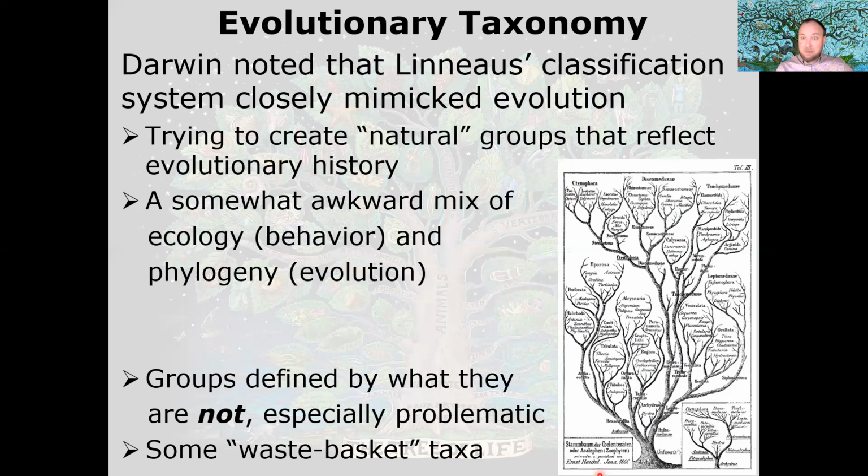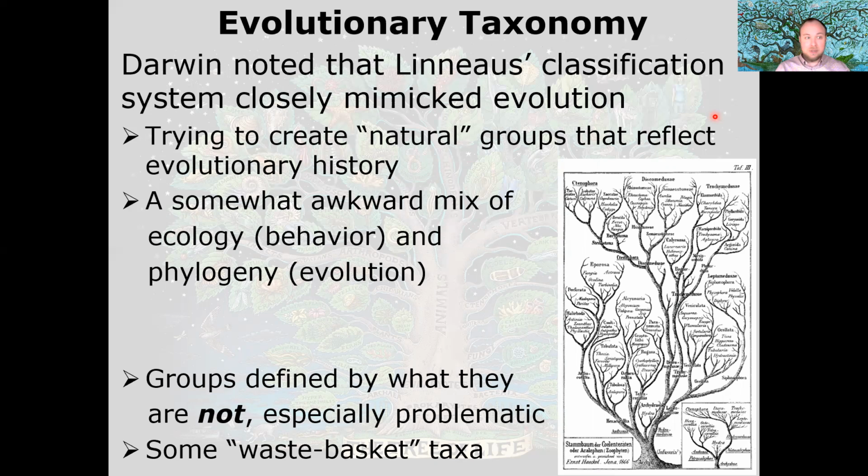The first way that we tried this was with what's called evolutionary taxonomy. Darwin wasn't the first to do this, but Darwin noted that Linnaeus's classification, the Linnaean classification system, King Philip came over for greasy spaghetti, good spaghetti, closely mimicked evolution. When you started grouping things into phyla, into families, into genuses, it closely mimicked evolution.